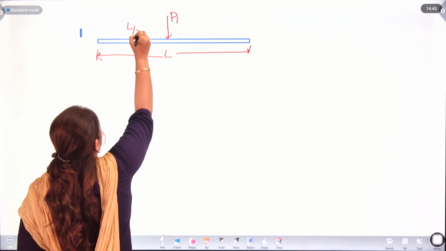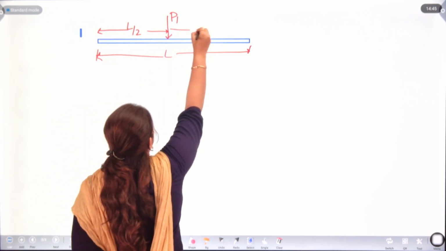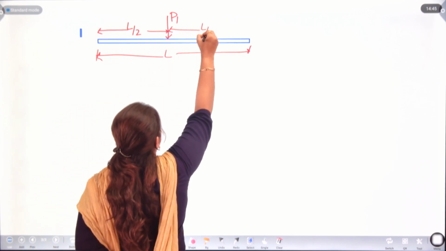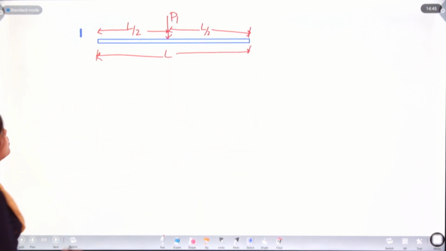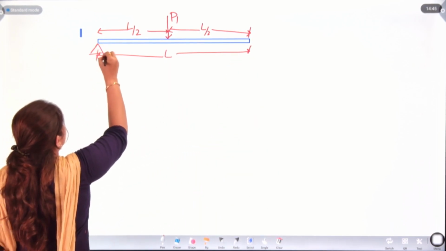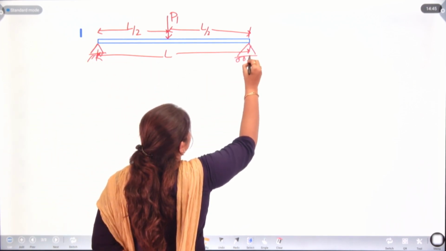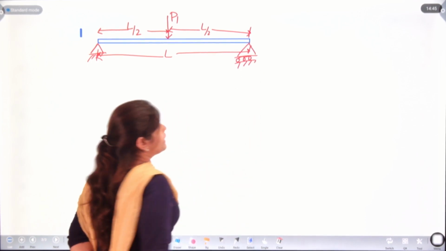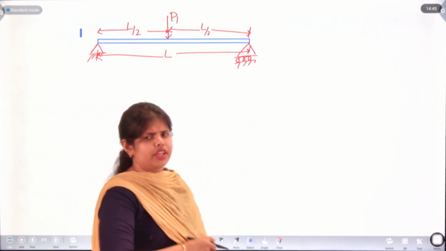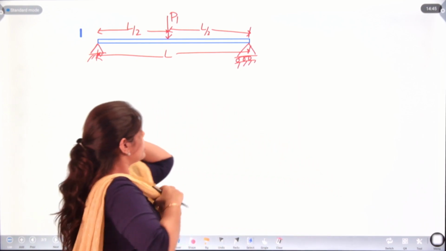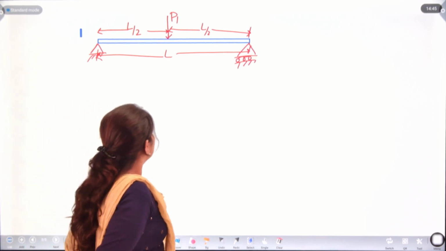Here it will be L by 2 and L by 2. Here is a simply supported beam. From the diagram, we will understand what type of beam it is. In our previous class, I have already discussed what types of beams there are and what their specifications are.